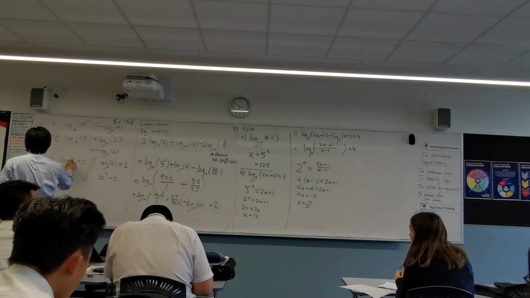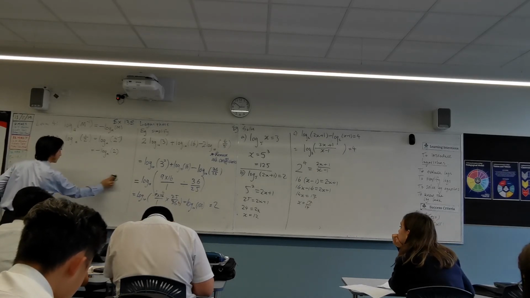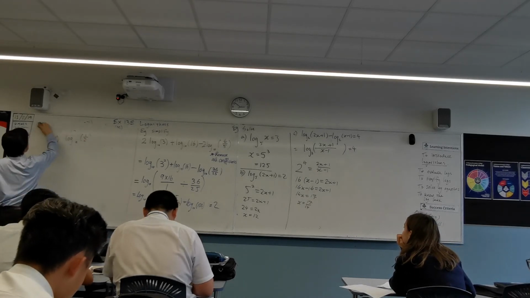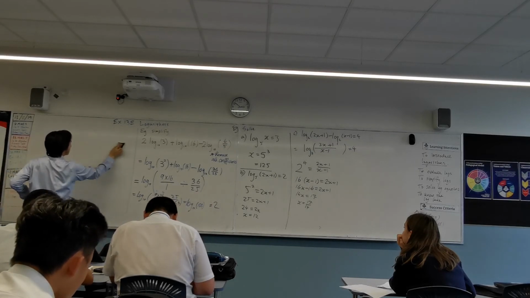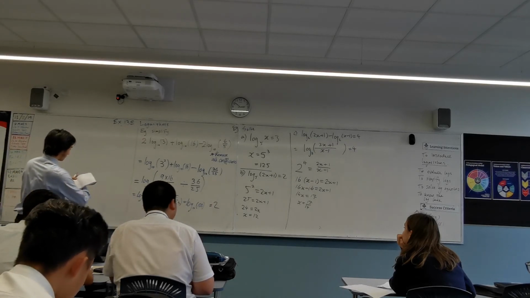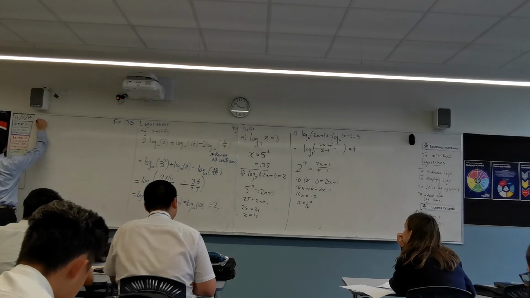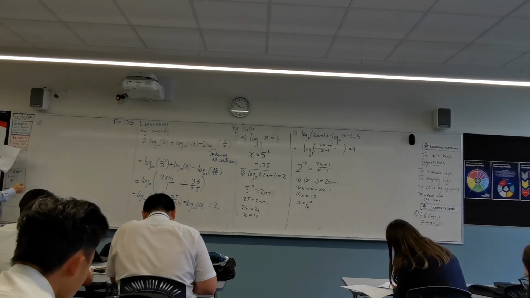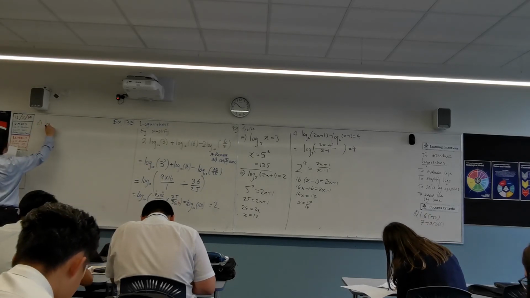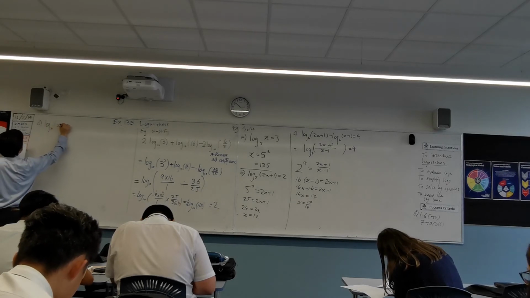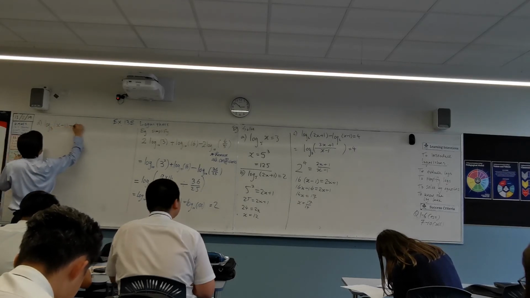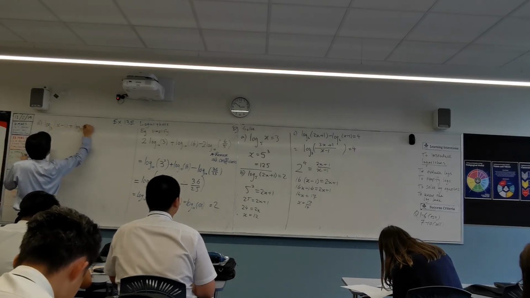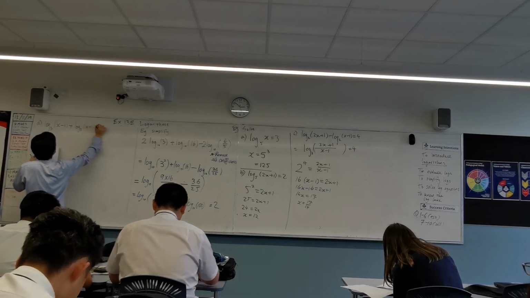Okay, got one more. Here's example D. We need to solve log base 3 of x minus 1 plus log base 3 of x plus 1 is equal to 1.